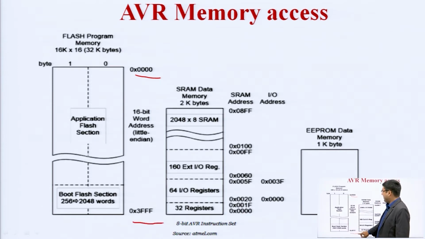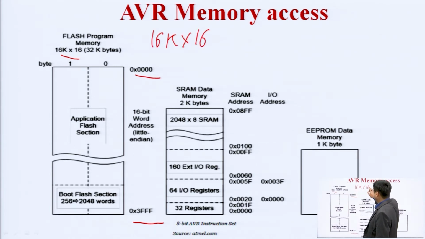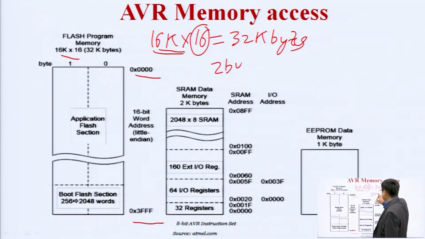Okay. And here you are seeing one thing, 16K into 16 equals 32 kilobytes. What does it mean? 16K means that it has 16K memory locations, and each location has 16 bits, that means it has 2 bytes. 16 bits, 8 bits is equal to 1 byte.